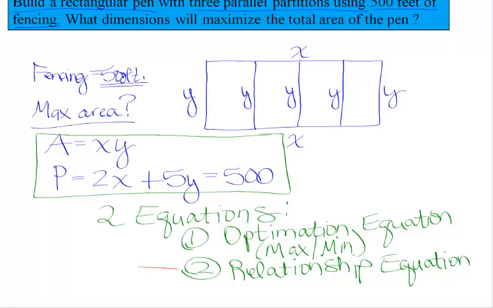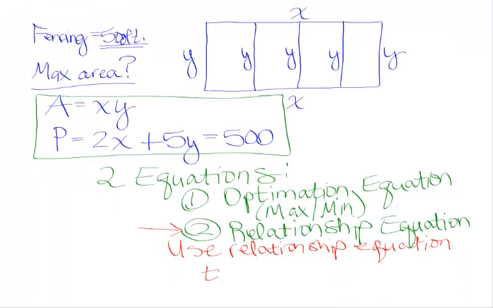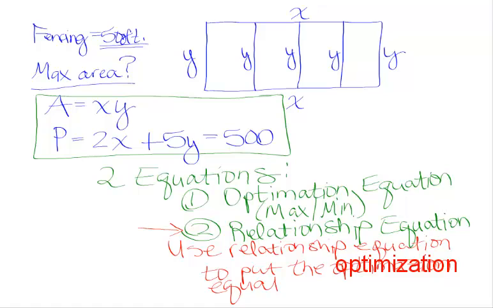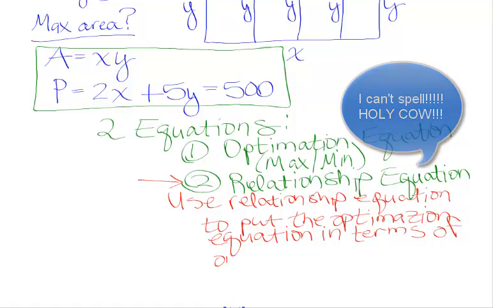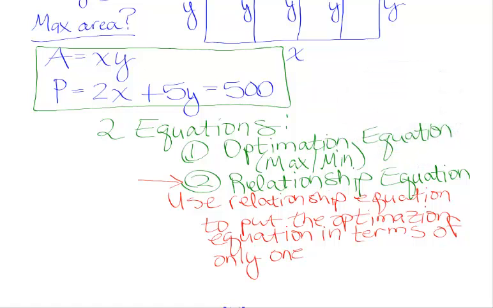I'm going to use the relationship equation to put the optimization equation in terms of only one variable.